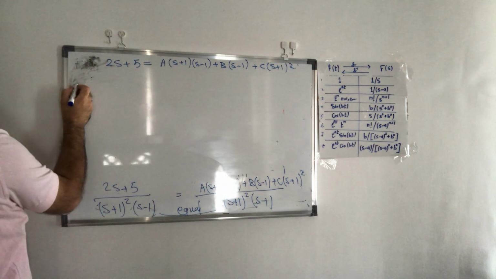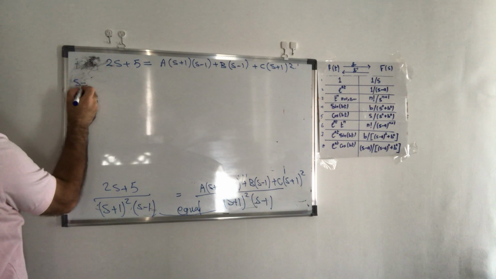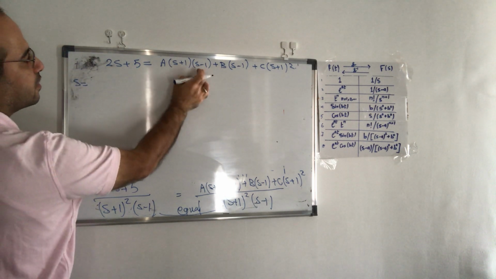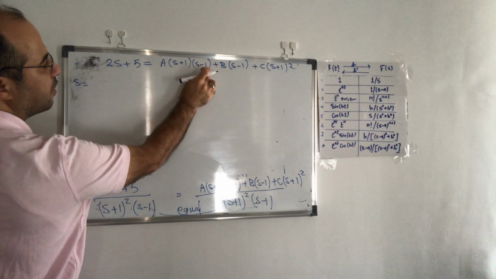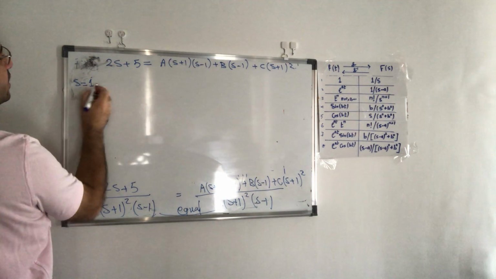Now plug in values for s. I choose the roots, so if you make this equal 0, you get s equal 1. So I start with s equal 1.